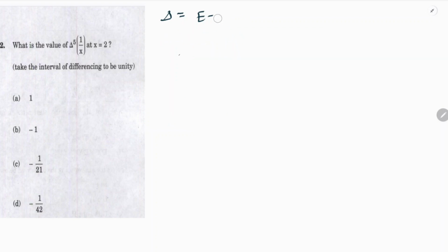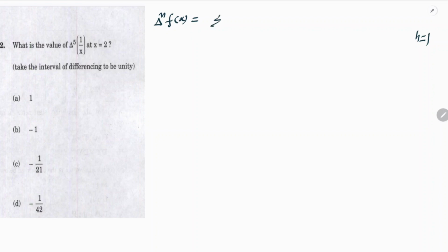Now what is the third method? The third method is utilizing the formula of delta to the power n f(x). Now here we are assuming the interval of differentiating h equals 1. Okay. So what is the formula?